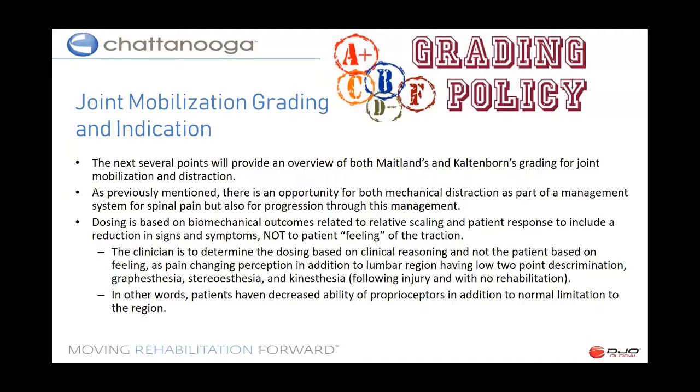So looking at the neurological effects as well as the tissue constraint effects, the biomechanical stress-strain relationships and what it is that we're trying to accomplish. And I think it's also important, and I tell people this a lot, it's not about feeling it, right? Typically when we're looking for patient feedback, I want to know if I've gone too far, right? There are occasions where it's like, okay, can you feel something?